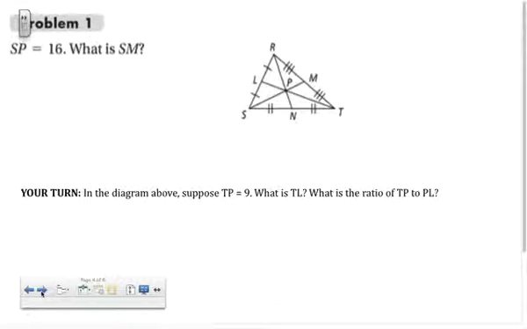And the short part is half as long as the long part. So SP is 16. What is SP? Is it the short part, the long part, or the whole thing? SP is the long part. They are asking me for SM. Whoa. Hold on. SM is the whole thing.